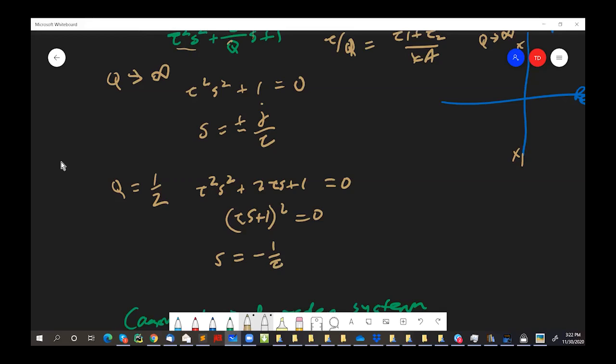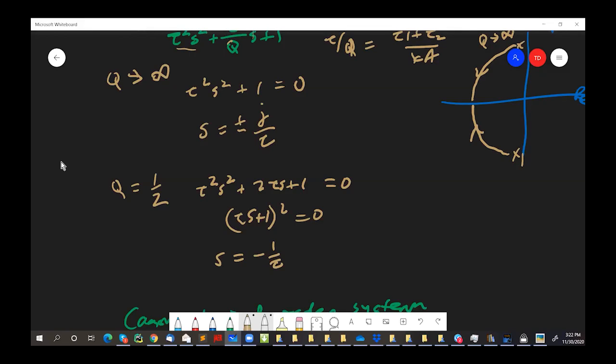So when Q approaches 1/2, and you'll see that as Q gets smaller and smaller, this typically will trace out a curve like this. Why can't I draw here? For some reason I can't draw on top of that symbol.